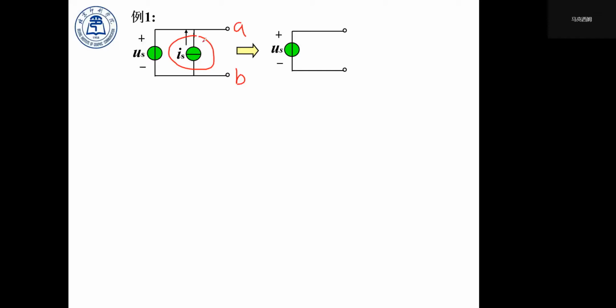So to the outside world, it looks like the voltage will never change, but the current could change according to what kind of stuff you attach to it.